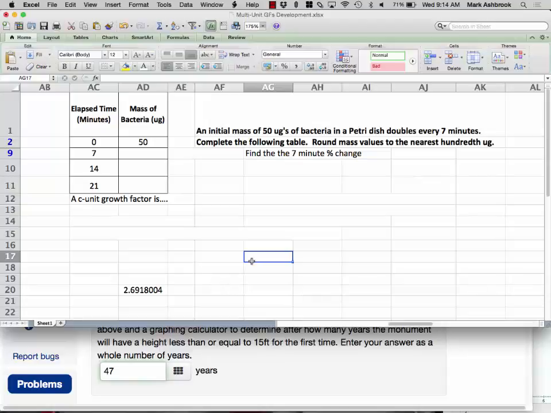Complete the following table and find the 7-minute percent change. So complete the table if it's doubling every 7 minutes, and find the 7-minute percent change. That shouldn't take long. Try that.